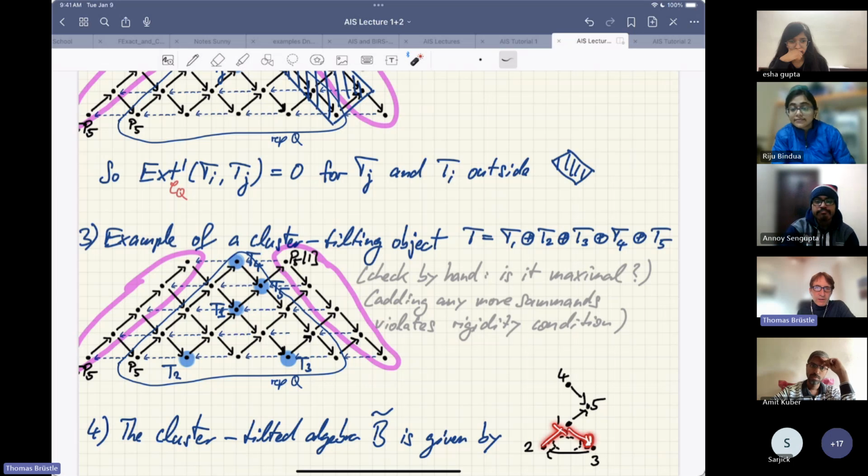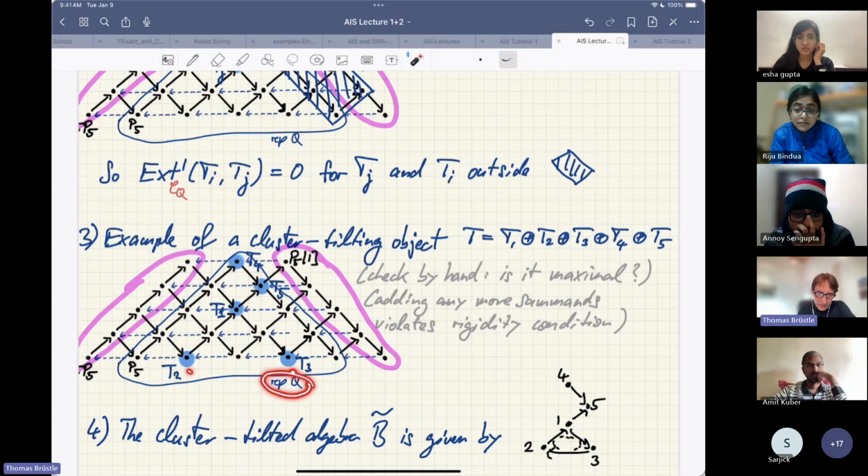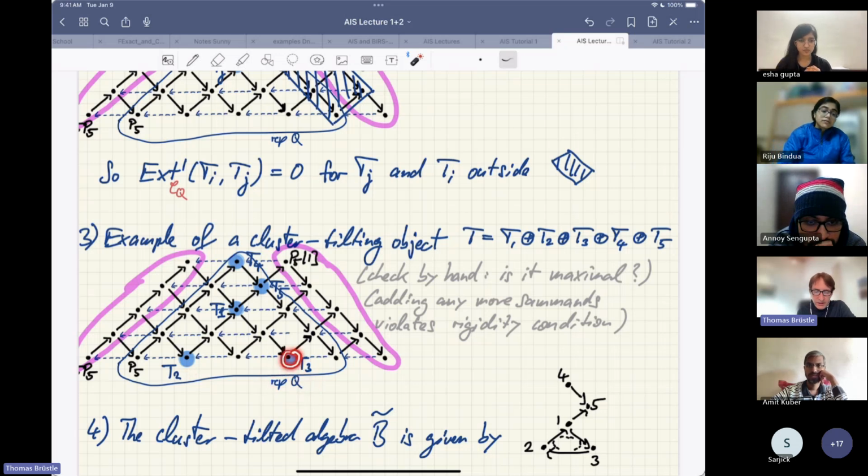Now things start getting a little bit more interesting. The tilted algebra had nothing here. In the tilted algebra, there was no arrow here, because there is no morphism from T2 to T3 inside the category of representations. But now look carefully. If I start in T3, then I can go along that arrow.